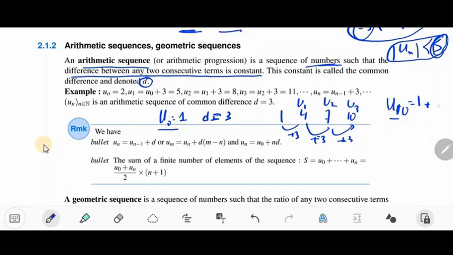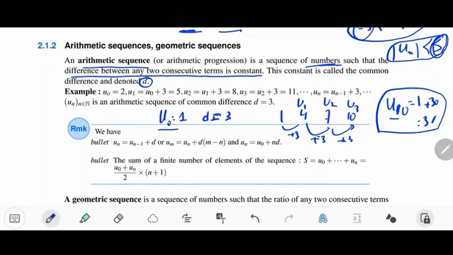So it's 1 plus 10 times 3, which is 30, and then it's 31. Okay? So this kind of formula is important because it allows us to make very easy calculations for very far numbers. Even if you want to calculate U100, U200, you can do it very fast.